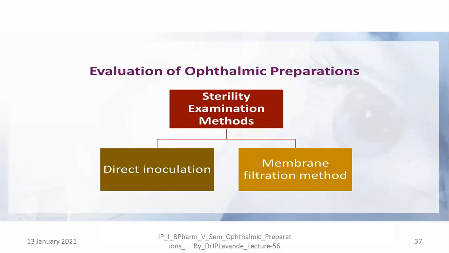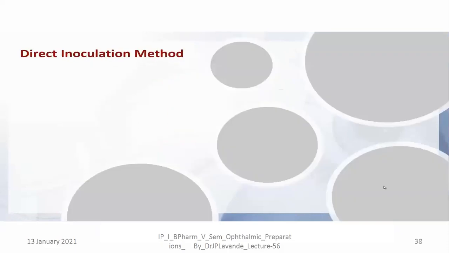Whereas in case of membrane filtration, the product is allowed to be passed through the membrane filter, and this membrane is cut into two halves, and each half has to be placed onto the two different media.